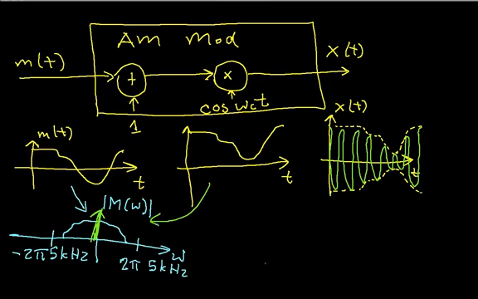Here, we'll do this in a really magical color. When I multiply by cosine omega CT, I'm multiplying in the time domain, which means that in the frequency domain I'm convolving m of omega with the Fourier transform of cosine omega CT. And you'll remember that the cosine of omega CT has a Fourier transform that looks something like this.